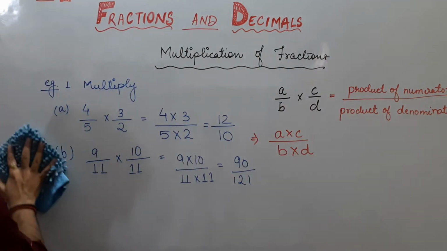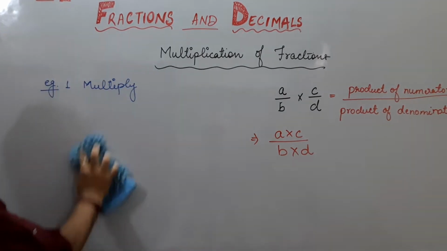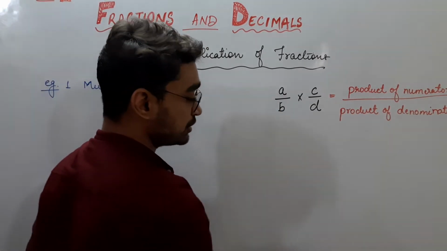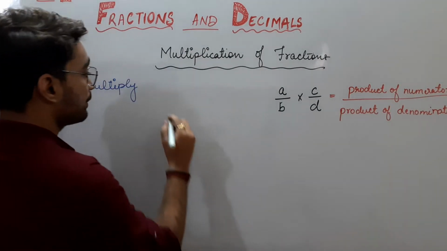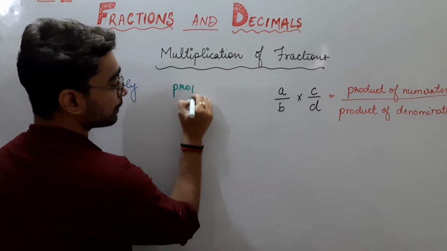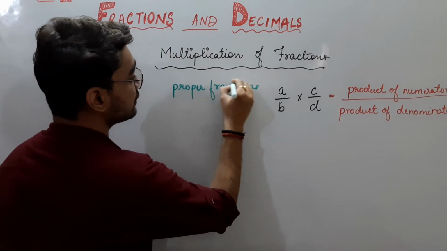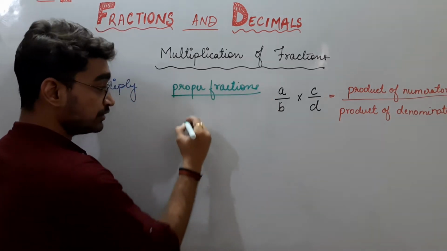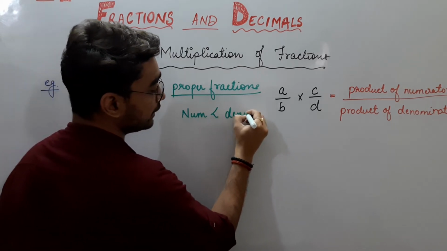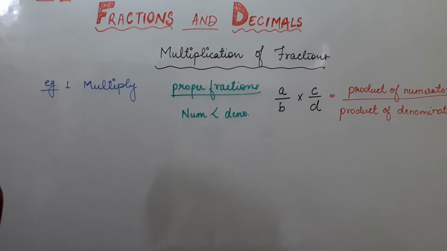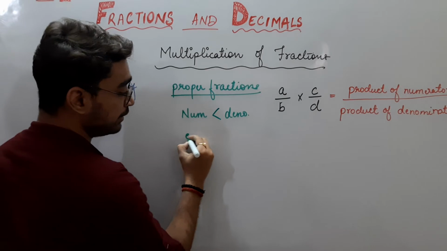Let us take a few more examples. Let's see what will happen if we are multiplying two improper fractions or two proper fractions. I hope you remember proper fractions. Proper fractions are those fractions in which the numerator is lesser than the denominator.